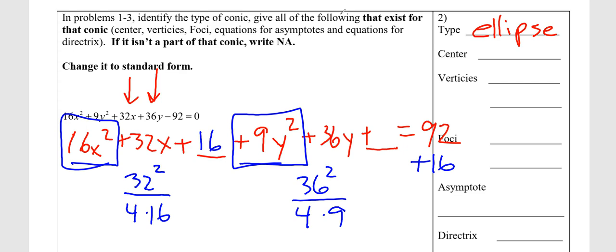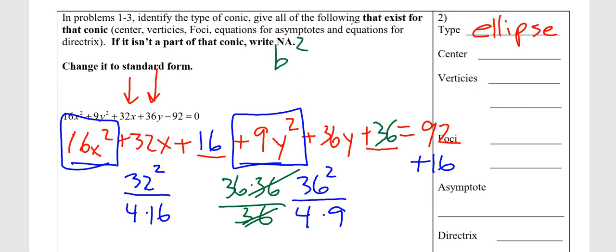Folks, when I do this, just so you're kind of aware, I see 36 times 36 over 36. That's what I see in that particular problem. So I pretty much know the answer is going to be 36. It's b squared over 4a. I mean, you don't have to see that.